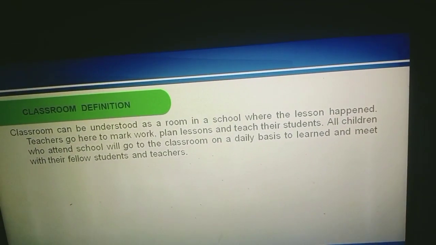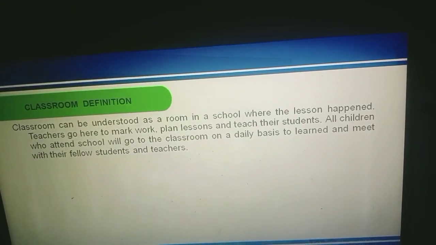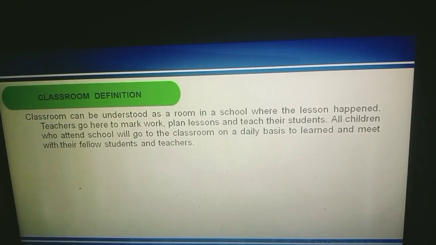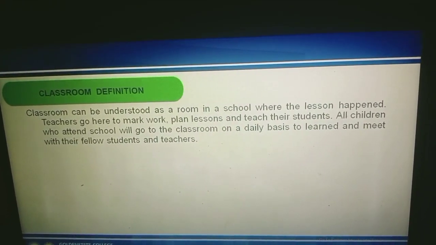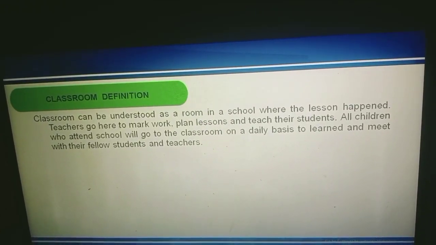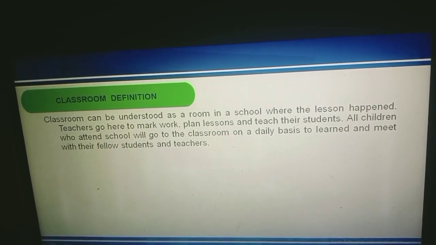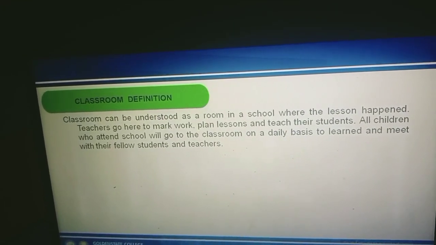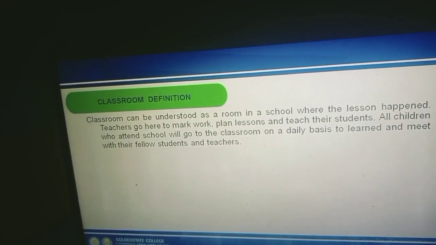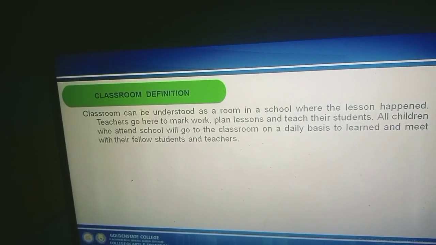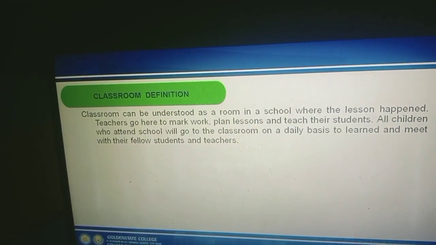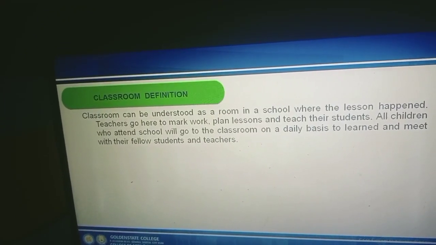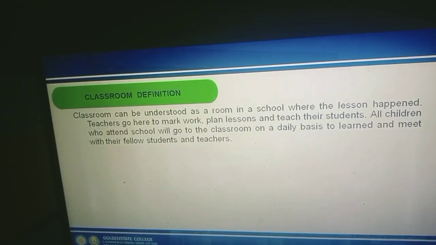So, classroom definition. A classroom can be understood as a room in a school where the lesson happens. Teachers go here to mark work, plan lessons, and teach their students. All children who attend school will go to the classroom on a daily basis to learn and to meet with their fellow students and teachers.